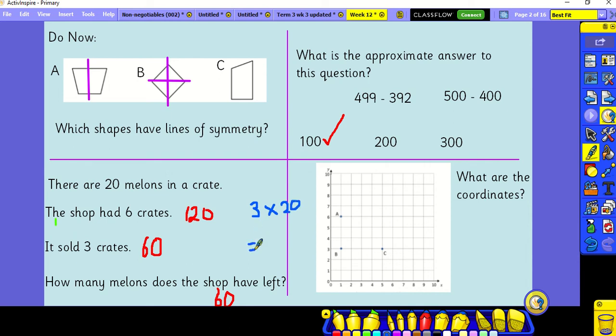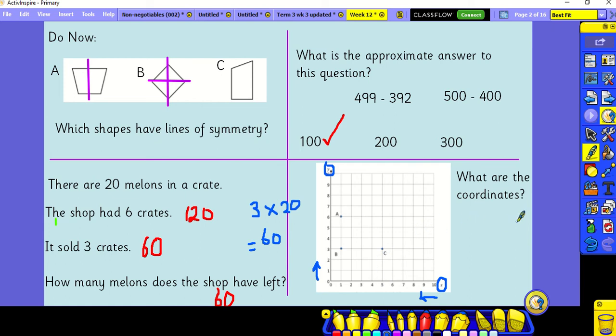So either way that you did that would be fine. The answer is 60. And number 4, what are the coordinates? Remember, we always do the x coordinate first. We walk in the house before we do the y coordinate and go up the stairs. Remember, you have to walk in the house before you can walk up the stairs. So, this coordinate C is 5, 3.